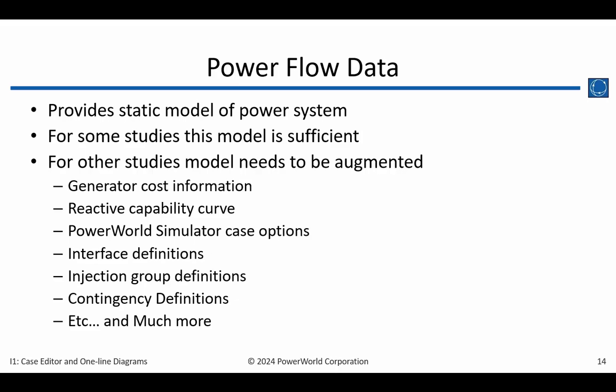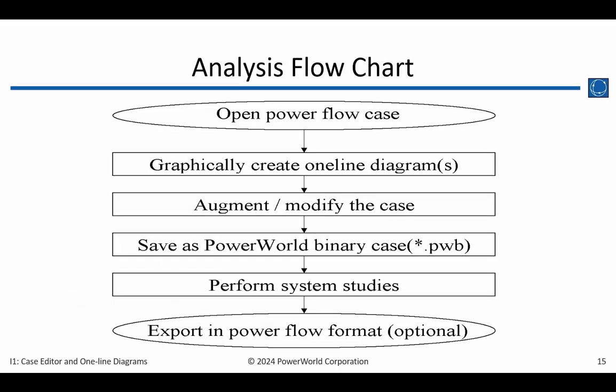So a flow chart for the process that you might go through to do some power systems analysis might look like this, where you open a power flow case from an industry standard format, things that are available again like raw files, EPC files, maybe an EMS model. You might wish to graphically create a one-line diagram. The one-line diagrams would typically be separate files.